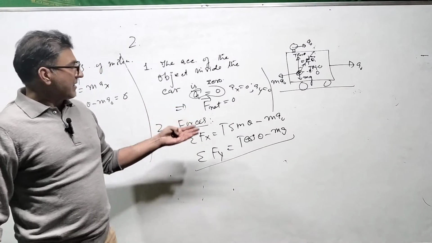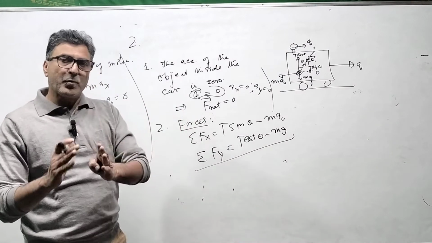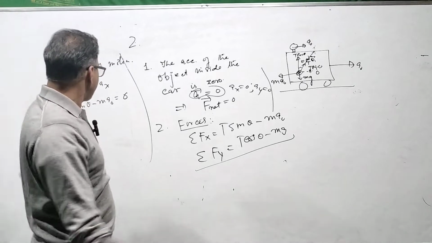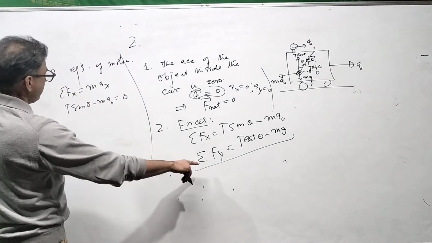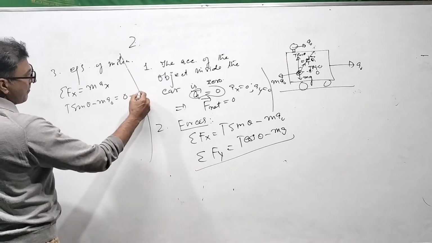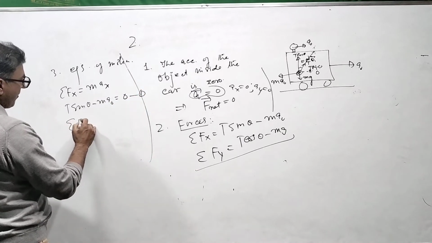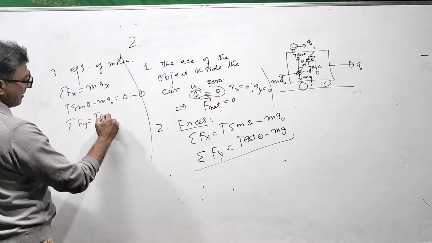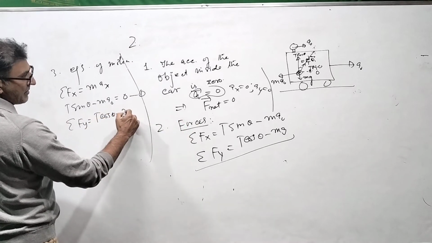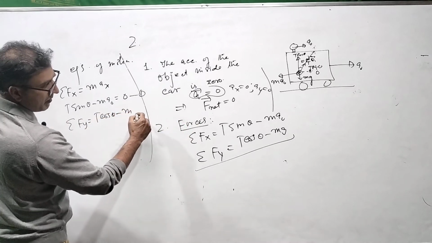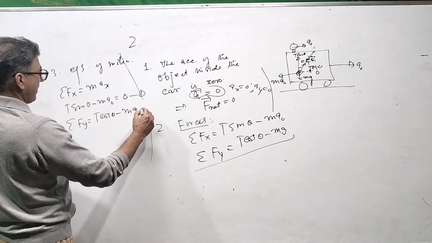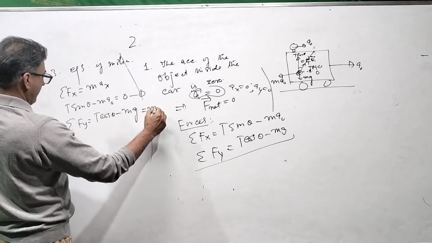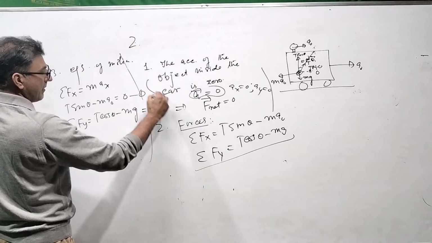That is how we learn vectors. If a vector is 0, then all its components are individually equal to 0. Okay, now this is 0, equation number first. Now sigma Fy is equal to T cos theta minus mg is equal to m ay.